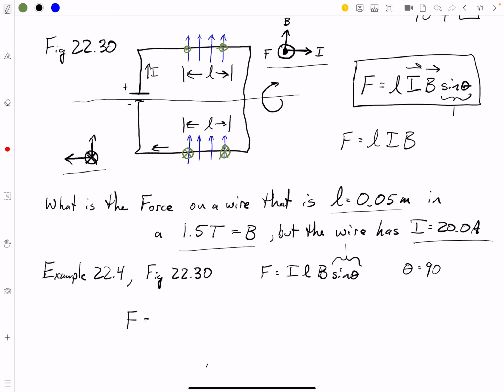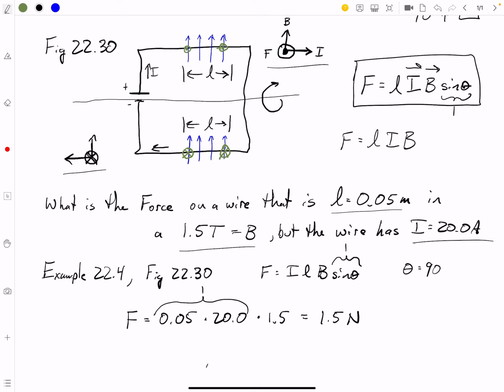Straightforward. Our F is equal to 0.05. We're multiplying that by 20 amps, and we're multiplying that by 1.5 Teslas. These two things combine to be 1. So 1 times 1.5 is 1.5, and we're dealing with newtons.